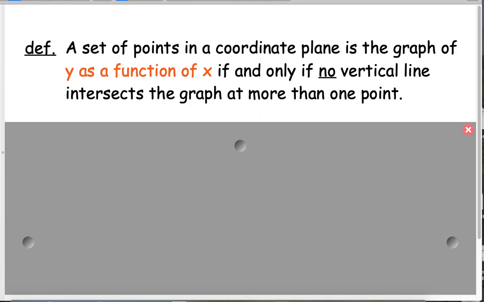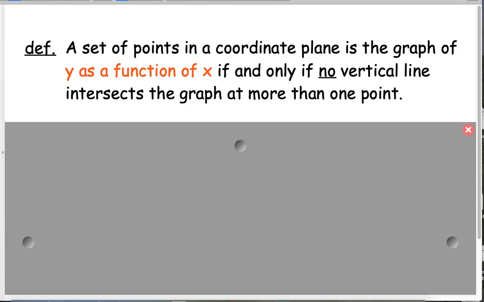Y is a function of x if and only if no vertical line intersects the graph at more than one point. And we've talked about what is a function and what is not a function. If you had a bunch of ordered pairs, you're looking to make sure that the x value doesn't get assigned to more than one y value.